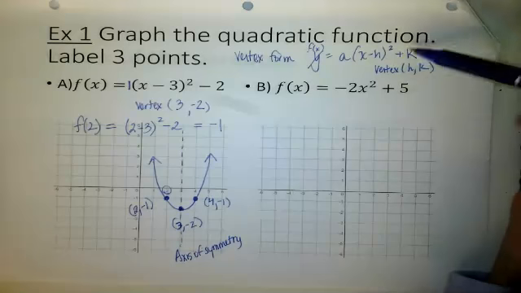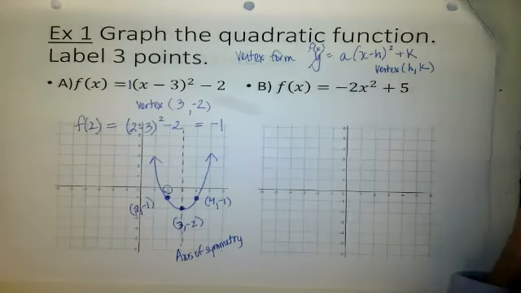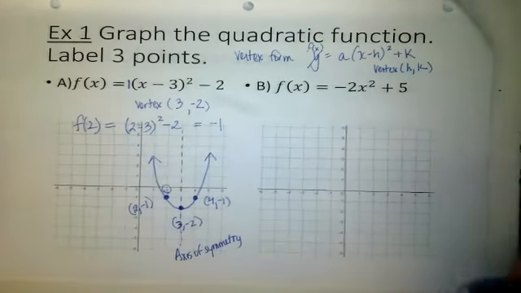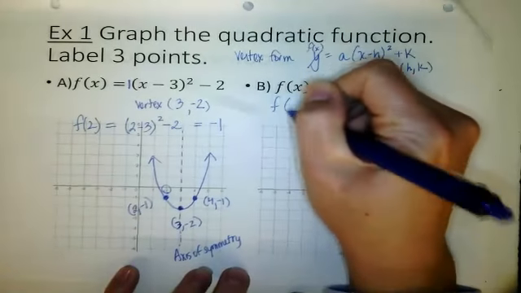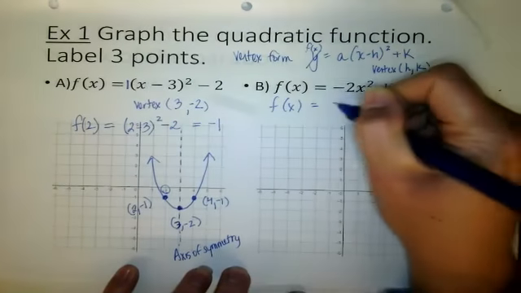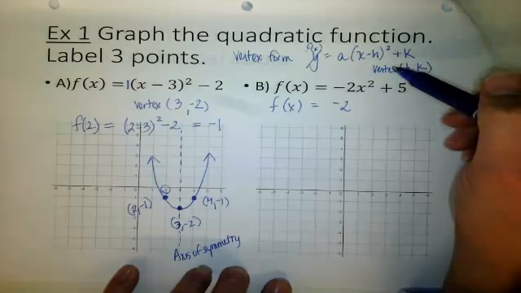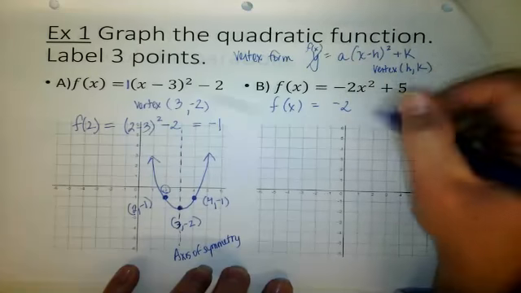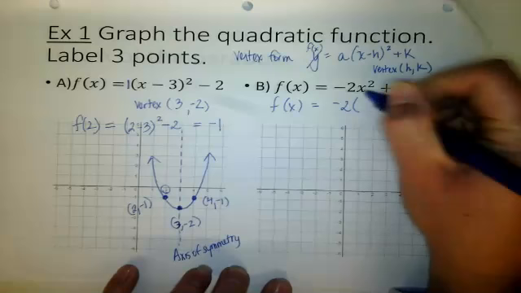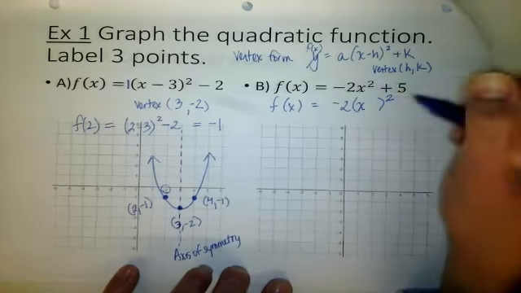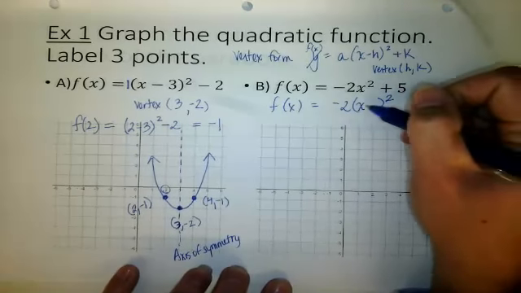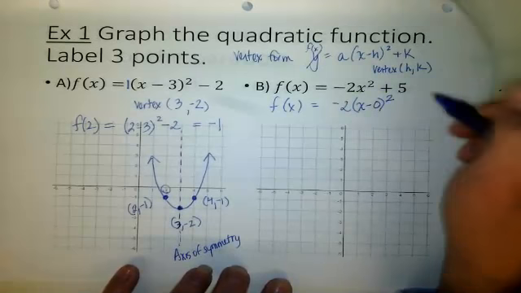Letter B. Does it look like standard form? Doesn't quite look like standard form. Can we fill in the missing parts maybe? So -2, what's missing? There's an h. Yeah, there's an h. We have the thing being squared, but I'm missing the h. What's the h, do you suppose? 0.